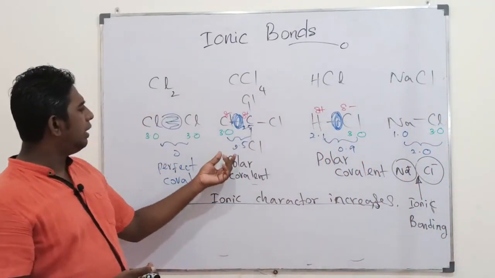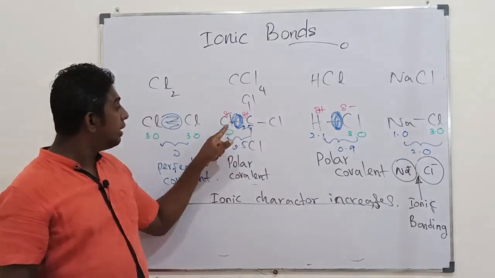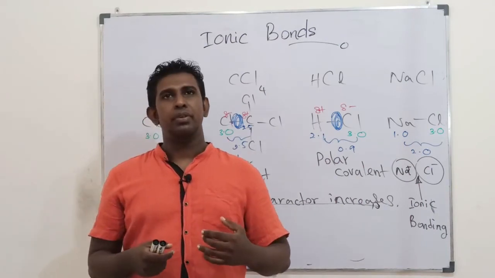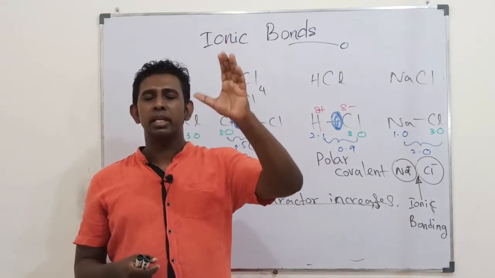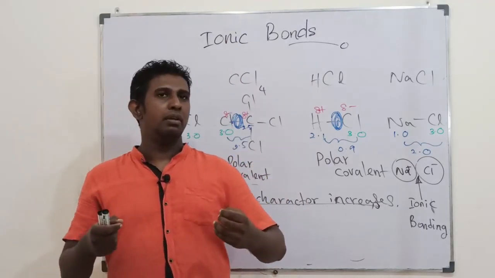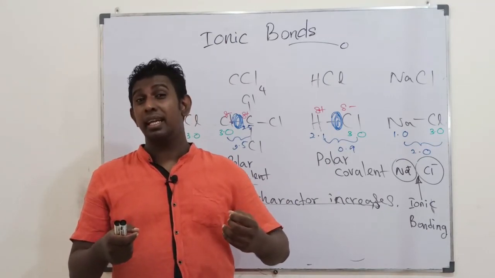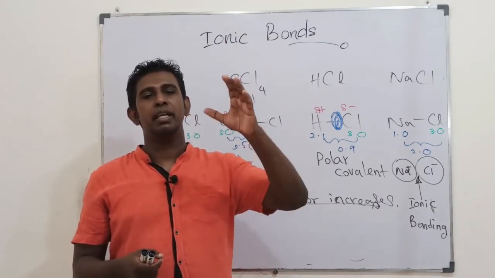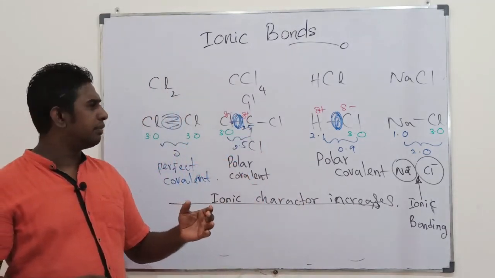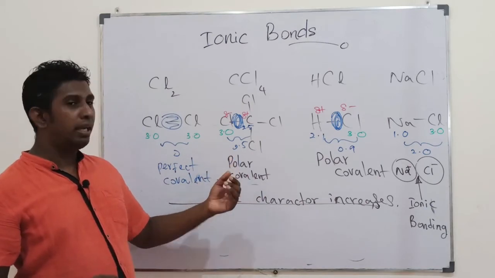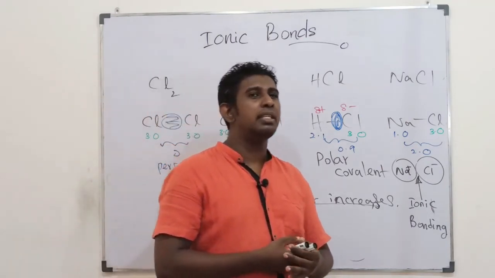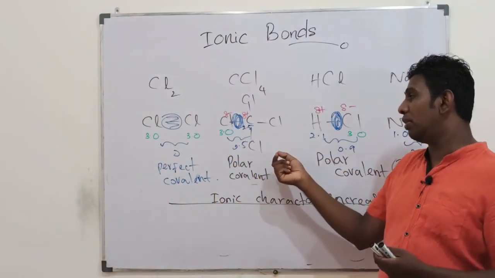So here we call them polar covalent, this bond only. When you have such polar covalent bonds distributed symmetrically throughout the molecule, as here in CH4 and CCl4, which we are going to learn later as being distributed tetrahedrally in space, then students, the polarities cancel off within the molecule.